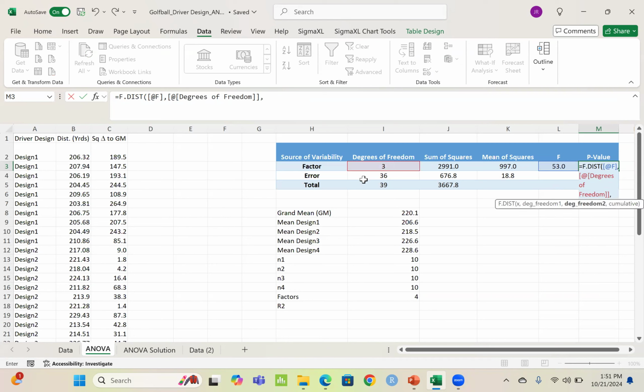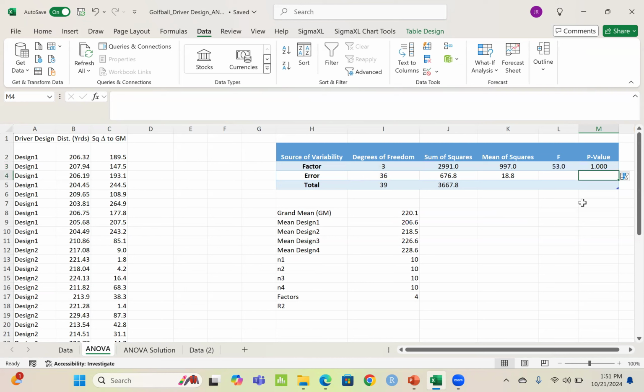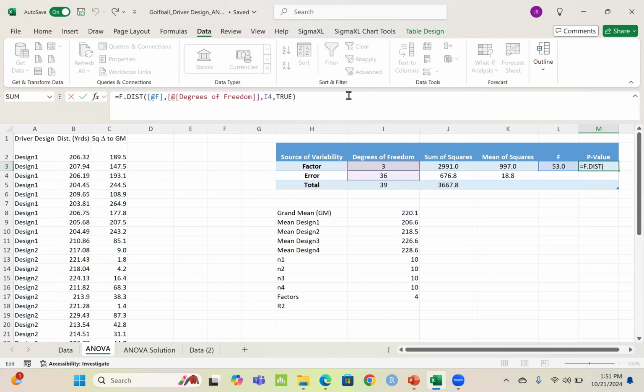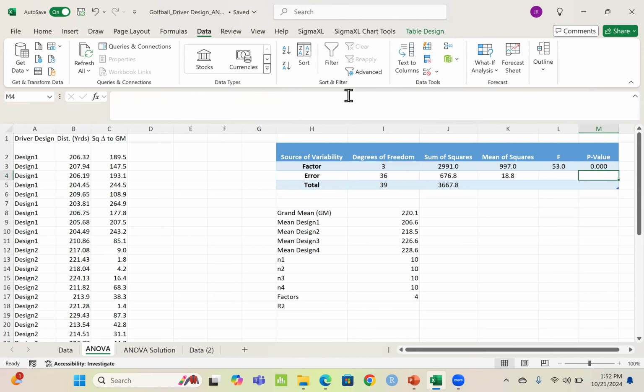And what are the degrees of freedom of the denominator, which is basically this. And then next, we need to tell it that this is the cumulative distribution. So we want to say true. And when we calculate this, the p-value is going to be the area to the right. So it's going to be 1 minus this value. So it's basically going to be 0.